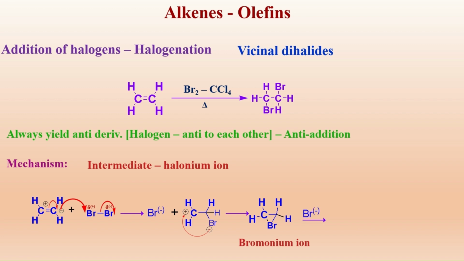it reacts with the bromide ion. This bromine is electron rich and the bromide ion is also electron rich, so they will repel. It does not attack on the bromine side, but it attacks from the opposite side, away from this bromonium ion, on the opposite face.